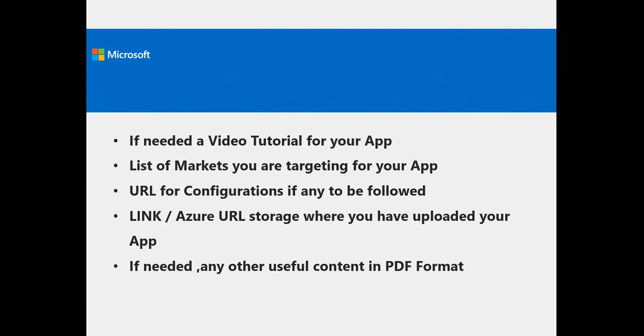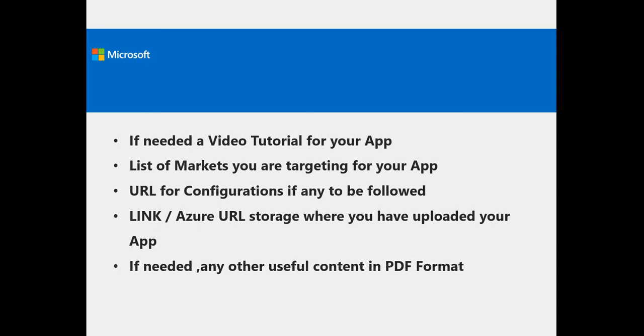Apart from that, it's always advisable to create a video tutorial for any configurations which need to be undertaken after installing the app, the list of markets where we want to target the app for download, and if needed, some PDF material which can be downloaded by the user after downloading the app in Dynamics CRM.